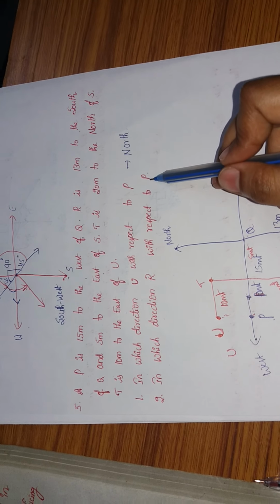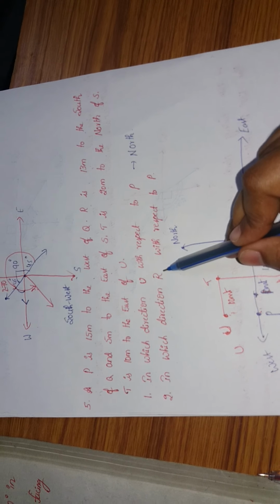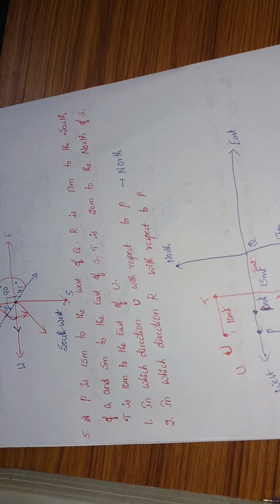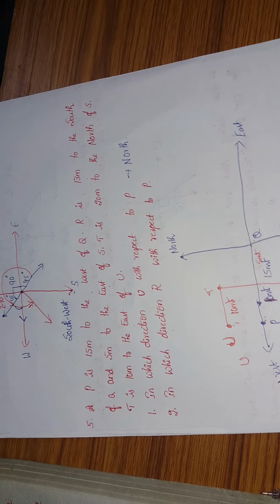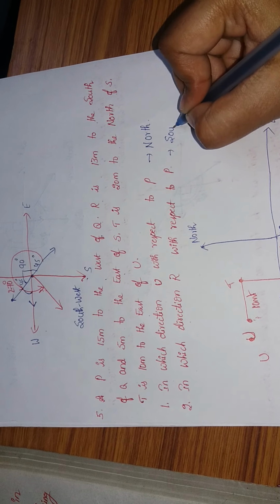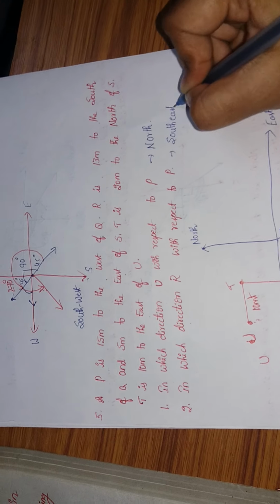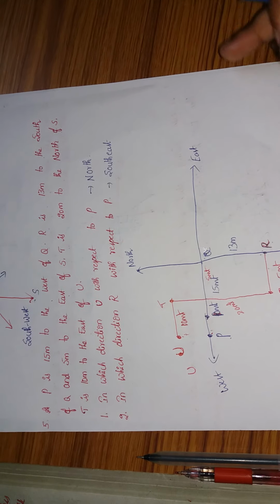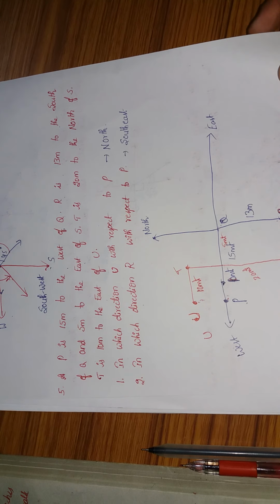The same way, from P we see the direction of R. From P, the direction of R is in this direction, which means southeast. R is in the southeast direction with respect to P. By this way we can solve this problem.